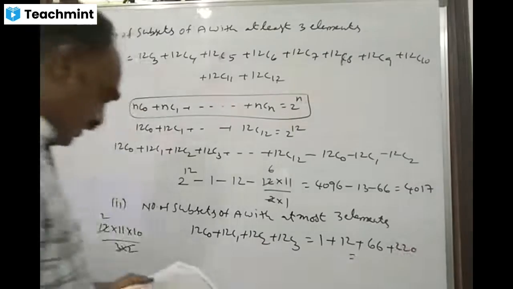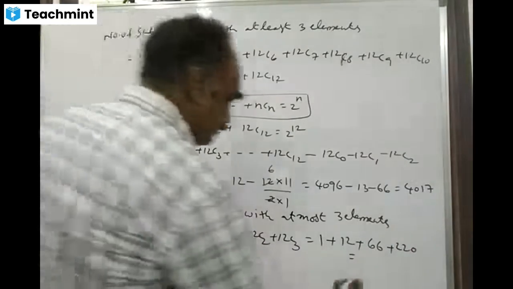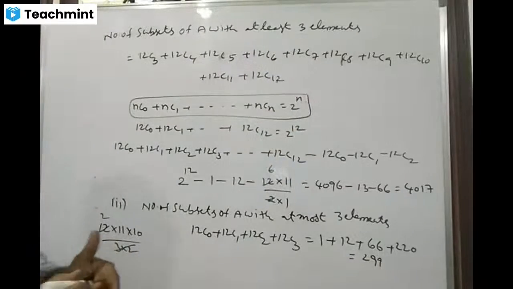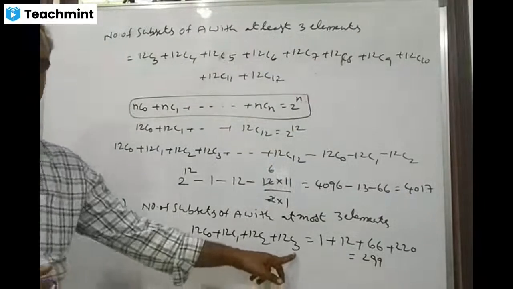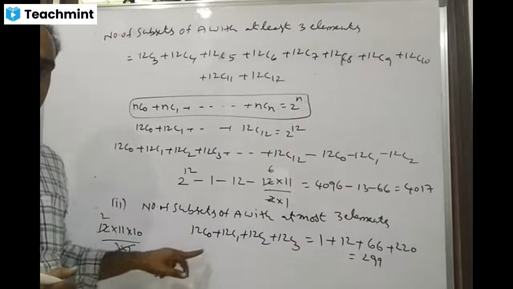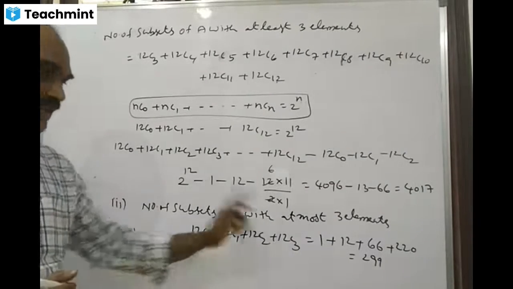So the answer is 299. Friends, at most 3 elements means maximum 3 element subsets, 2 element subsets, 1 element subsets, 0 element subsets: minimum 0, maximum 3.